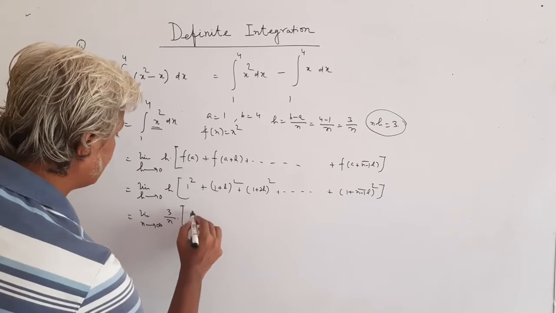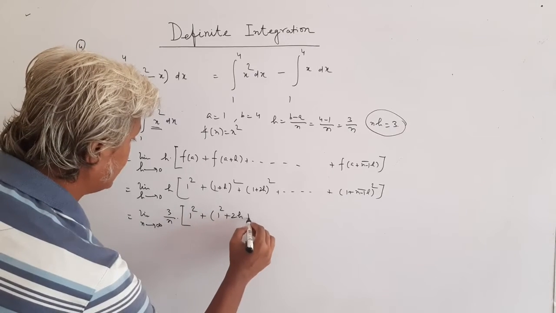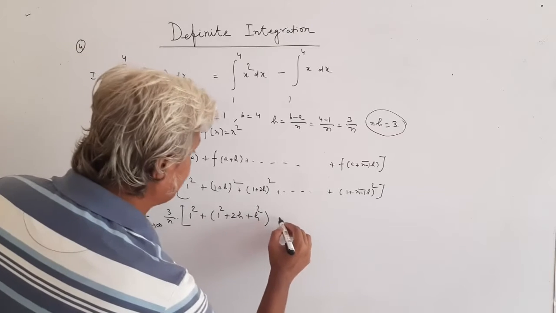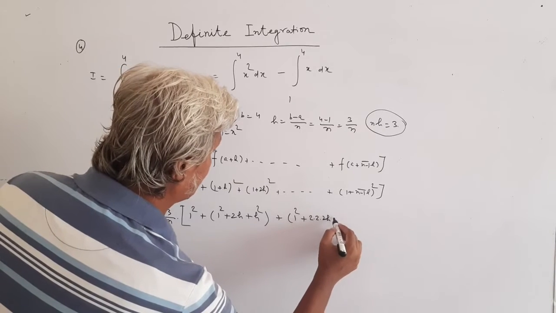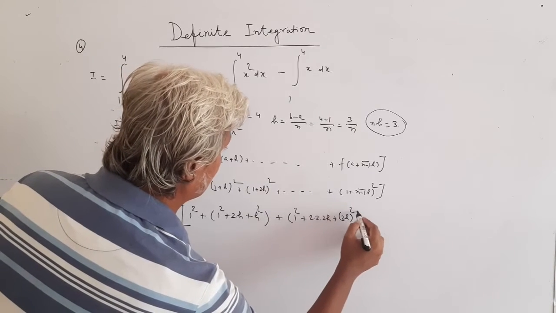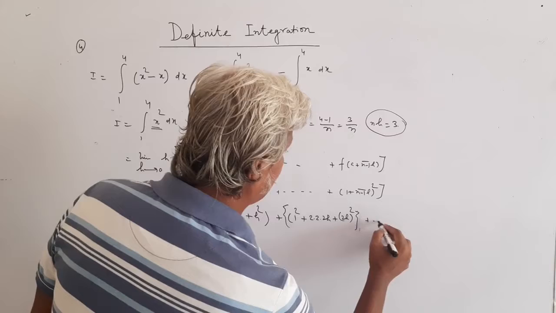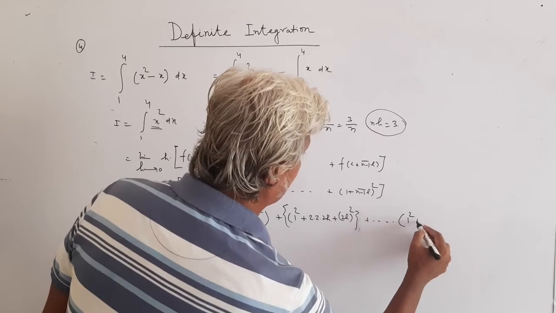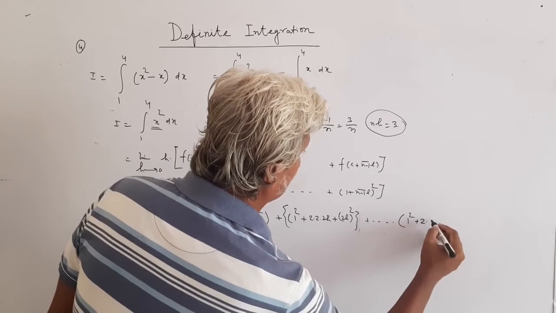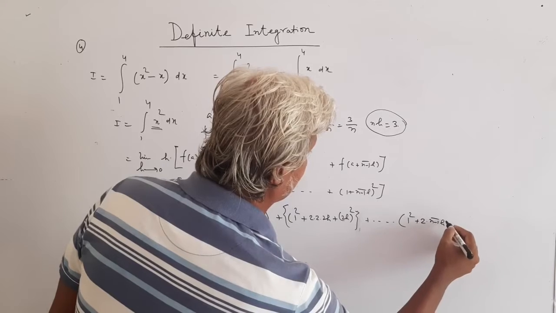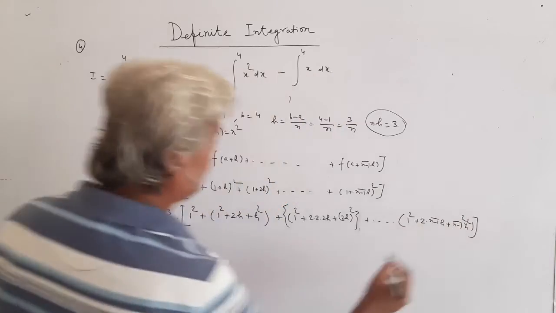Now expand this: 1 square plus 2h plus h square. Next one is 1 square plus 2 into 2h plus 2h whole square. This I put in a curly bracket, plus the final one, that is 1 square plus 2 into (n minus 1)h plus (n minus 1) square h square, like this.